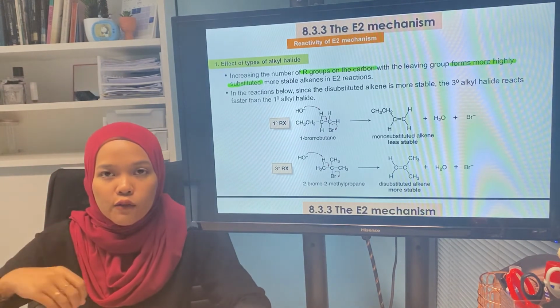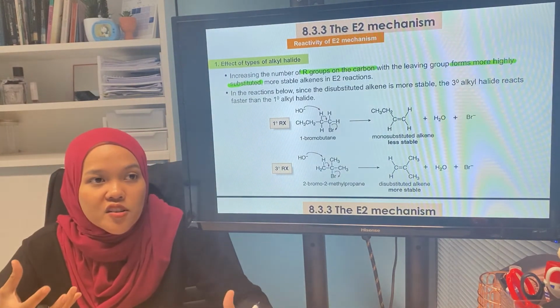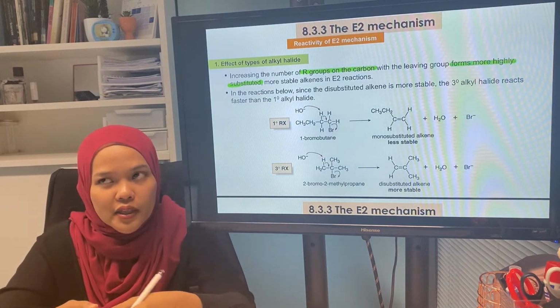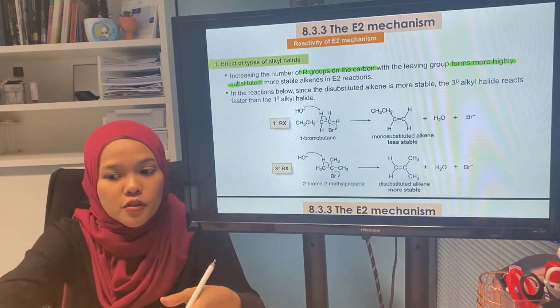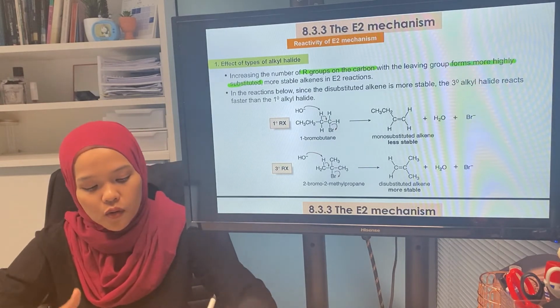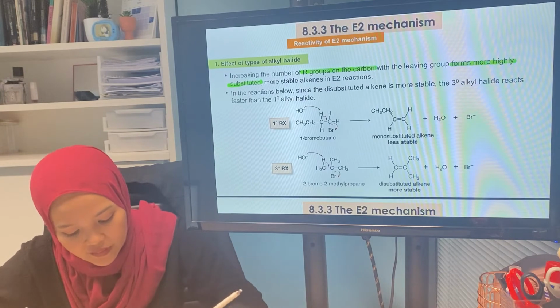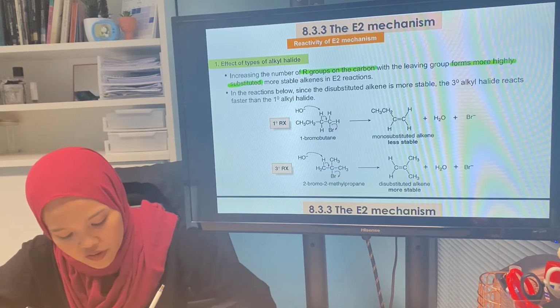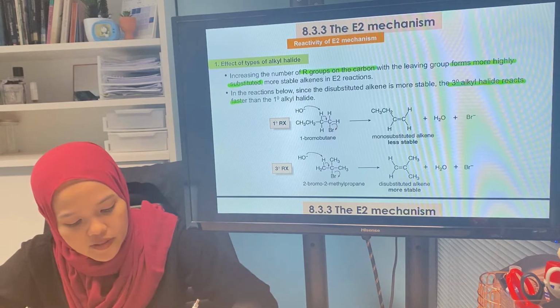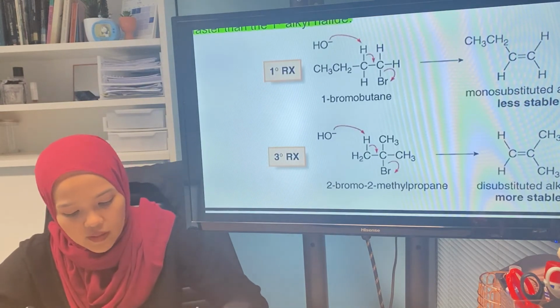If we produce a more stable alkene, then the reaction is going to be faster, because you are producing something more stable. So since the disubstituted alkene is more stable, the tertiary alkyl halide reacts faster than the primary alkyl halide.